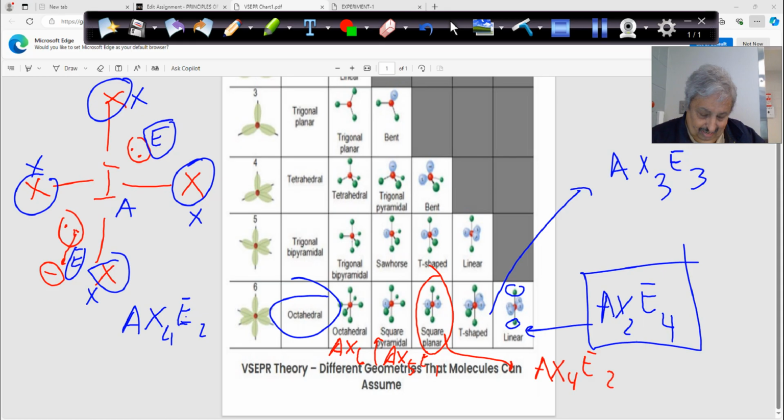Or let's take the red. I have the red one. So here it is, guys. The first one. Okay, guys.